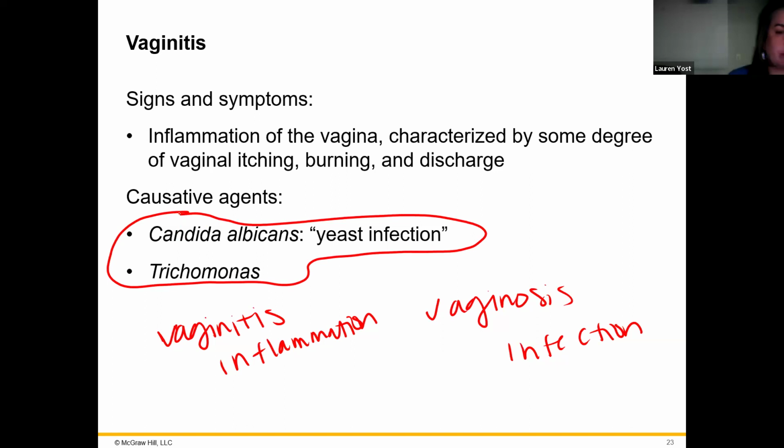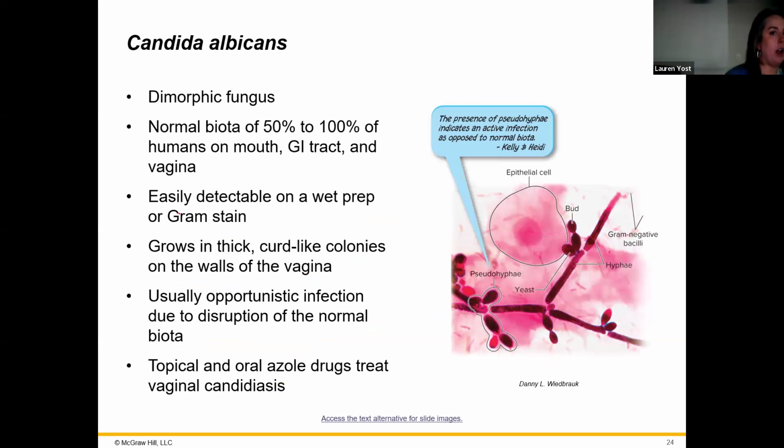So just making it clear: if I ask which organisms cause vaginitis, we talked about Candida albicans, which is a yeast infection, and we talked about Trichomonas vaginalis, which is a protozoan.